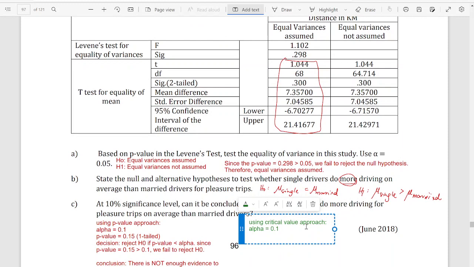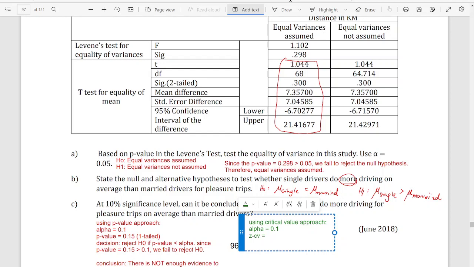Okay, so di sini kita kena dapatkan dia punya nilai Z. So you have to find the Z critical. So kita dapatkan Z critical dulu. So Z critical dia macam mana dapat? The Z critical value, saya letakkan ZCV. So this one is from table.